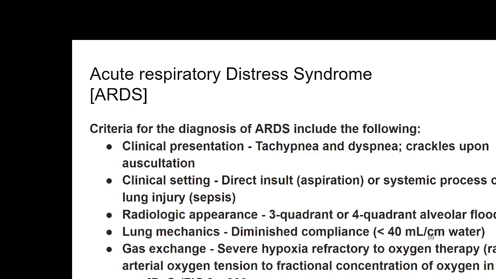Acute respiratory distress syndrome is one of the serious conditions where there could be fatal complications occurring, where again the patient would have hypoxia. The diagnostic criteria are that there should be tachypnea and dyspnea, and there should be crepitations present which develop suddenly, a sudden development of tachypnea and basal crepitations.